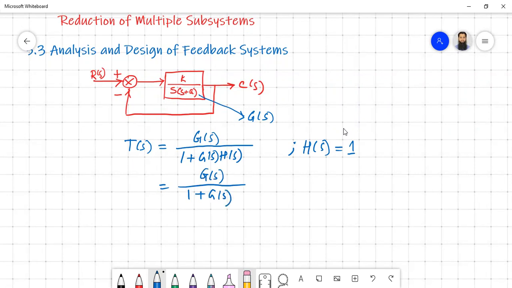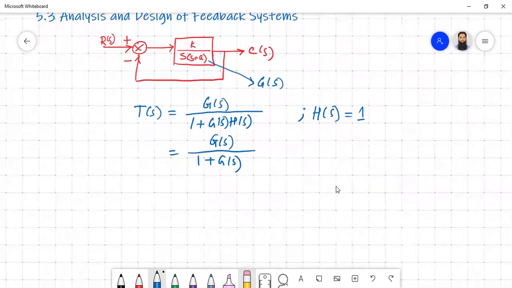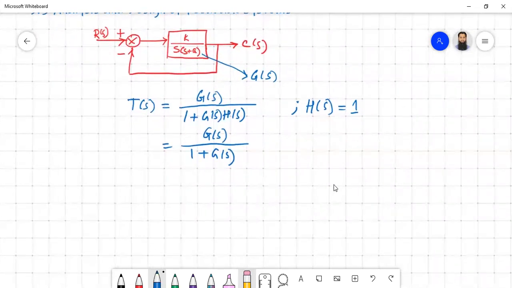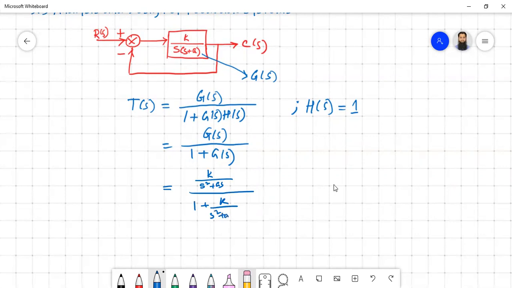And now if you put in the value of G of S from the unity feedback system that we have drawn, that is K by S into S plus A, you can also multiply it out: K by S squared plus AS, divided by 1 plus K by S squared plus AS.